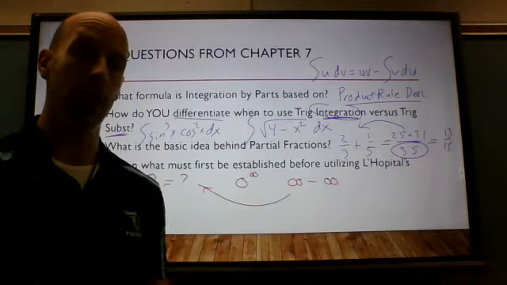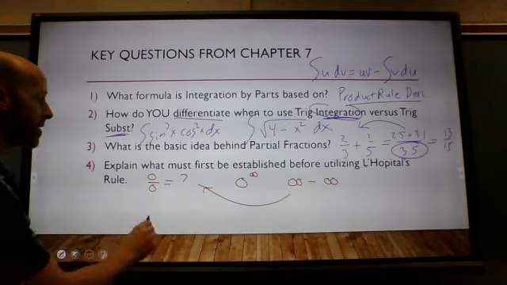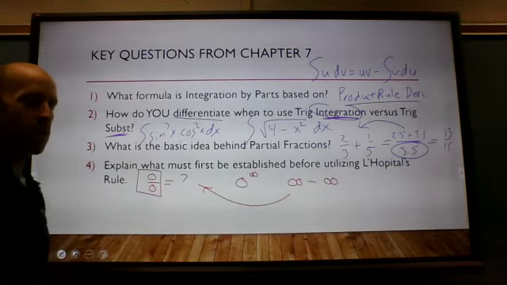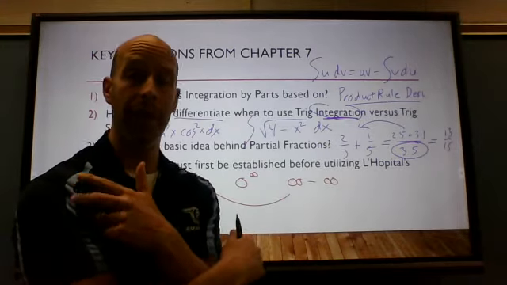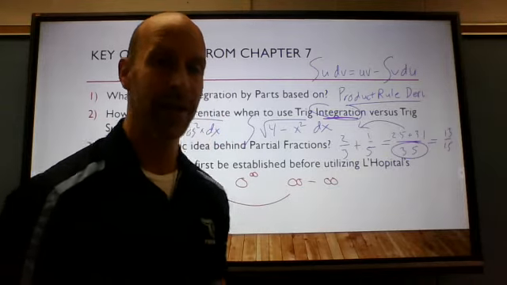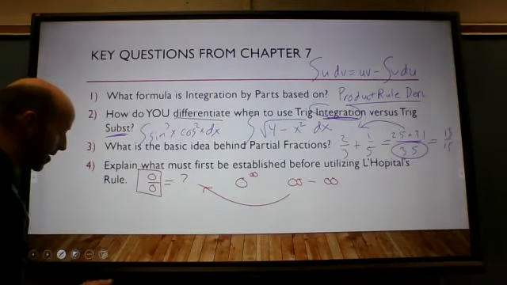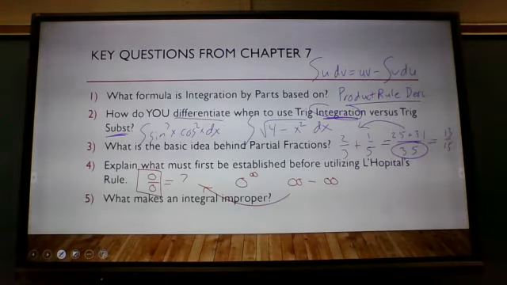L'Hopital's rule is predicated on being given 0 over 0, which is an indeterminate form, because 0 over 0 can literally be anything. And actually, you can almost boil everything down in calculus to this right here, this whole idea of whatever 0 divided by 0 is.